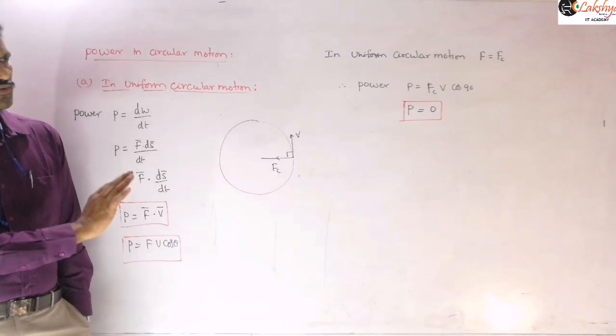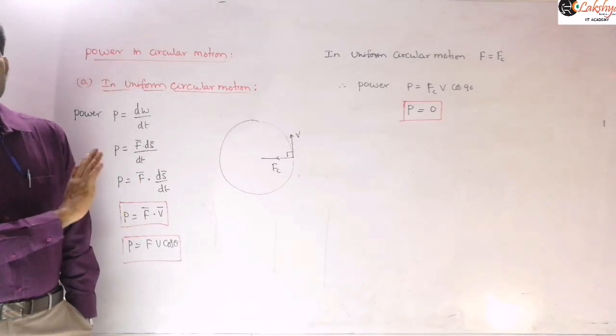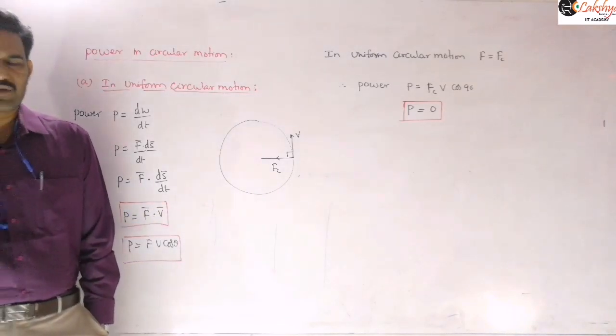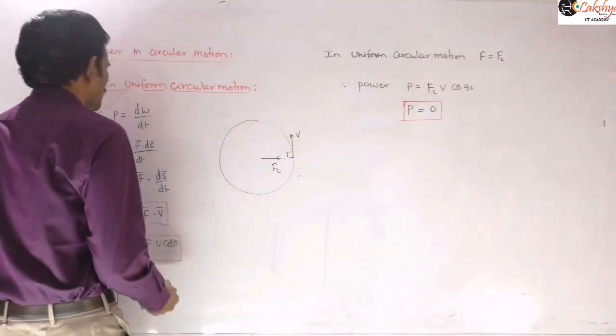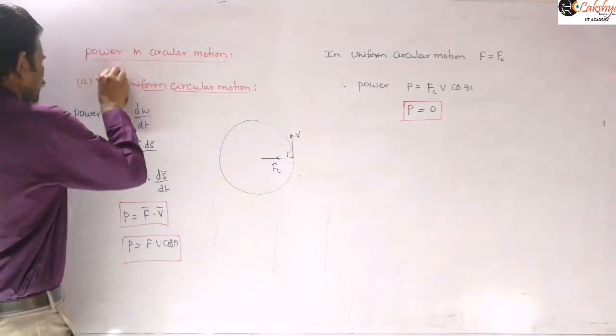So whenever centripetal force is there, the power delivered by the centripetal force is zero. And next, let us consider non-uniform circular motion.